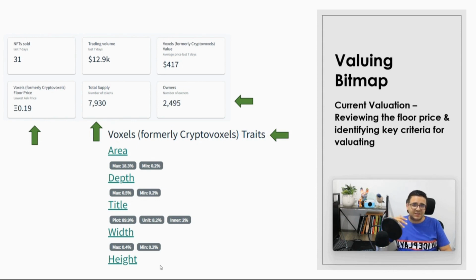If you look at CryptoPunks, it will say, if this one's got, I don't know, a cigar or some sunglasses or a hat, it tells you what the rarity is, how common it is for that CryptoPunk to have that trait, that feature in the image. So I think that's really important, and I want to use traits as a criteria element for how we're going to value our bitmaps.